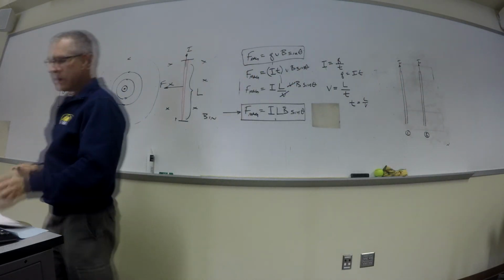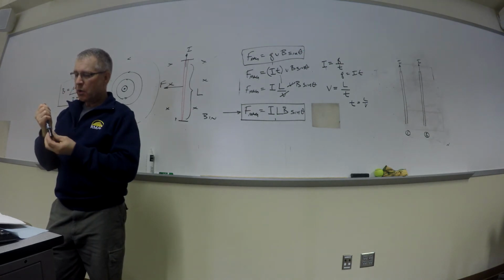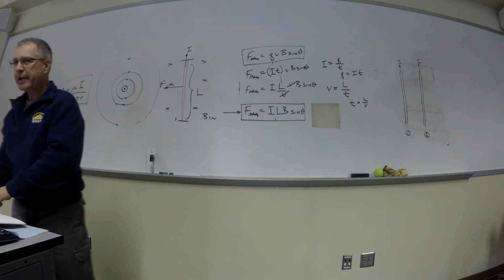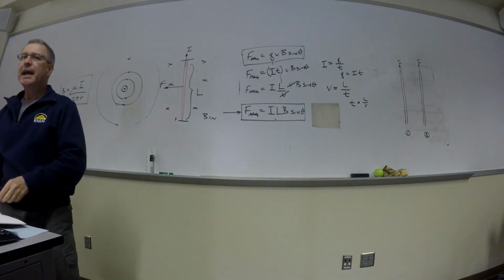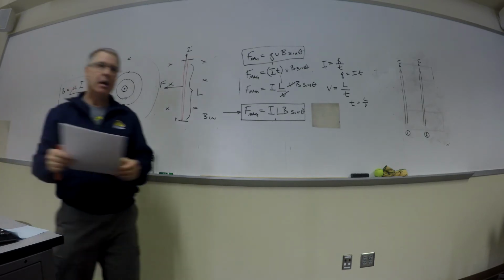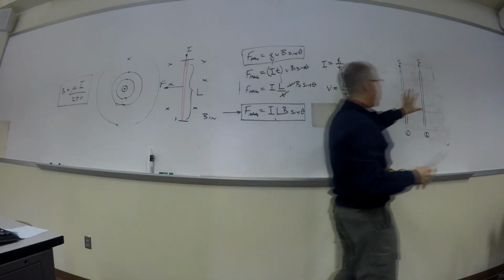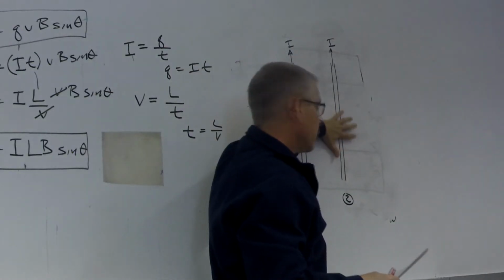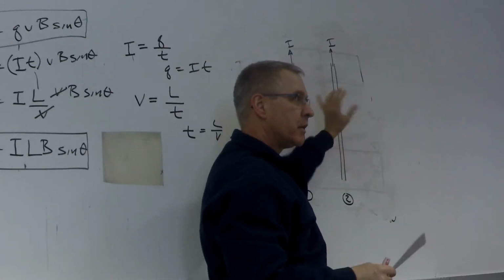So, wire 1, when a current runs through it, a magnetic field is set up around that wire, right? On the right side of wire 1, in the plane of the board, what's the direction of the magnetic field created by this current?